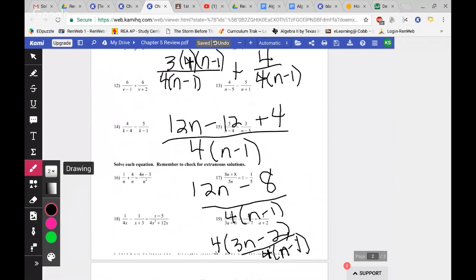One of the reasons you would do that is now you see that the 4 cancels out. So your final answer is 3n minus 2 on top, and n minus 1 on the bottom.